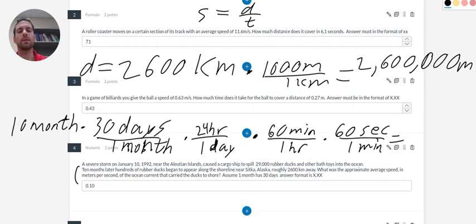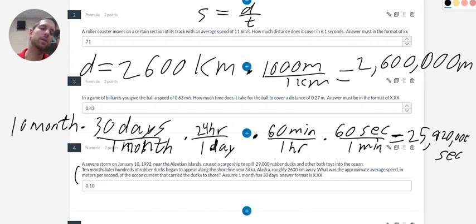And I can find what this is. So 10 times 30 times 24 times 60 times 60. And here is my value. Looks like that's 25,920,000 seconds.